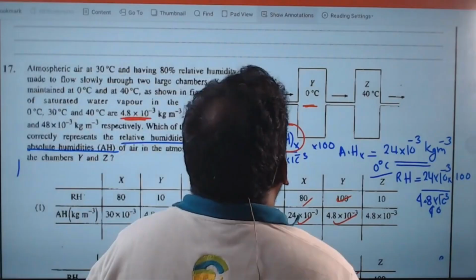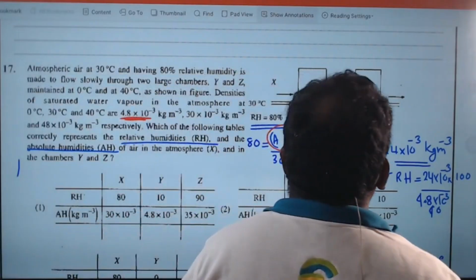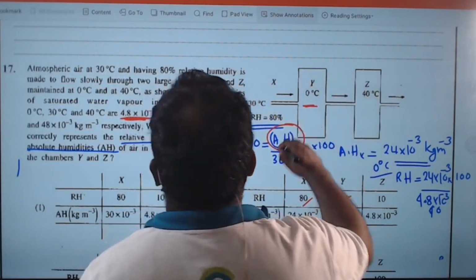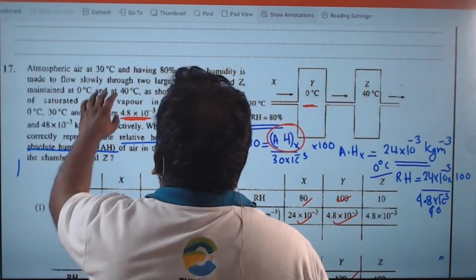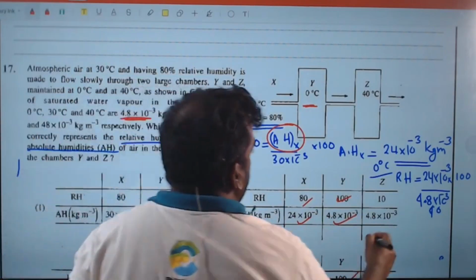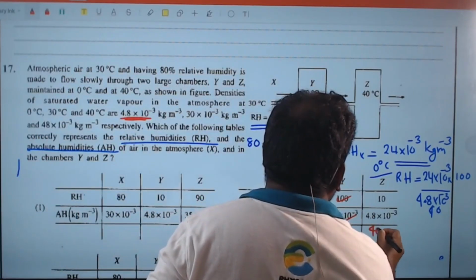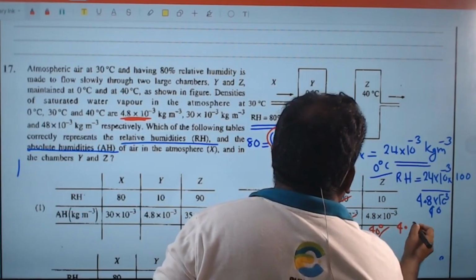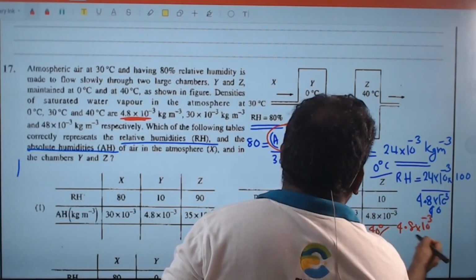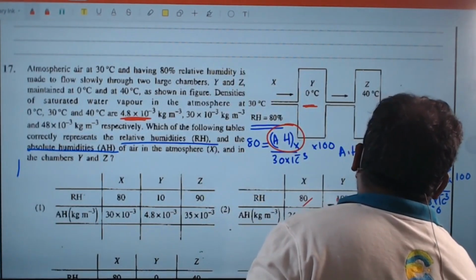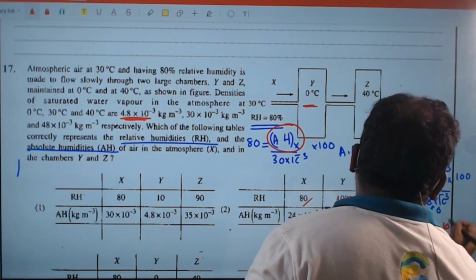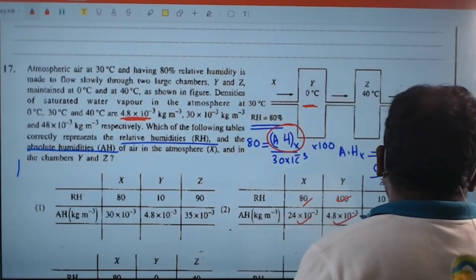That vapor enters here. Now saturation 4.8 × 10⁻³ divided by 30 × 10⁻³ into 100. Simplify this.